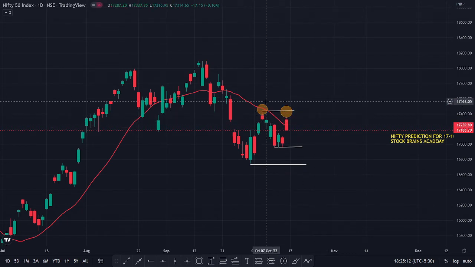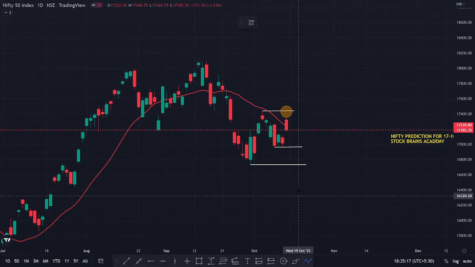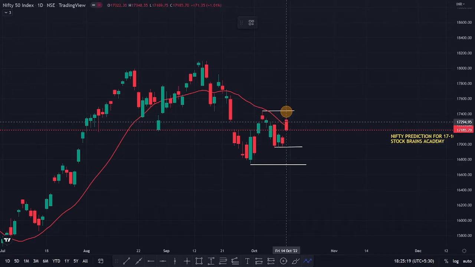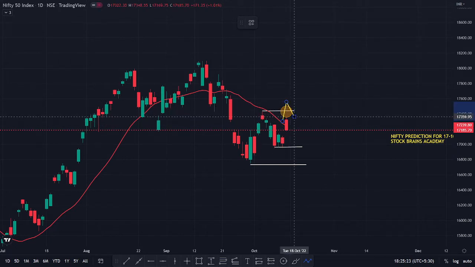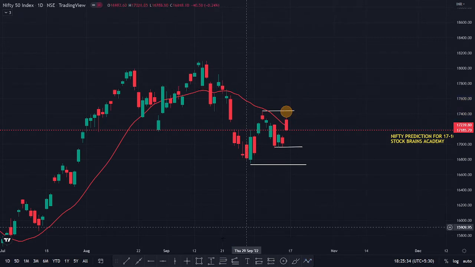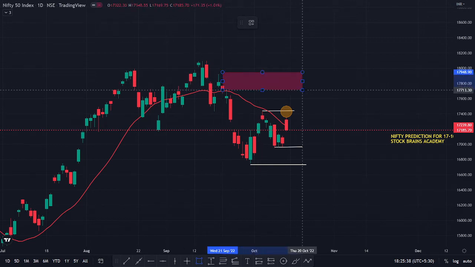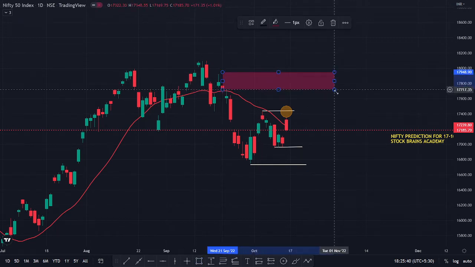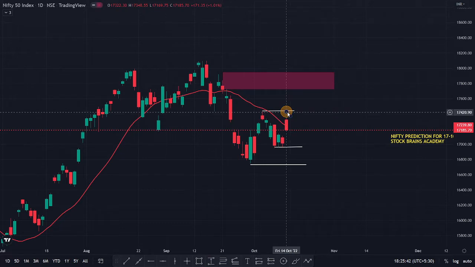So what happens here is that if at all Nifty opens here, you can either see a support from this 20 period moving average to a nice uptrend and a small term retracement in the coming days, and then Nifty can possibly be going up till 17,001, 17,229, which is possibly 17,762. So Nifty will be going somewhere around here if it opens on a gap up.